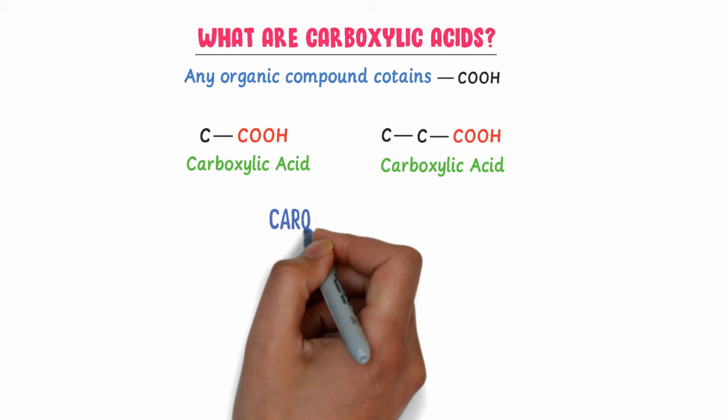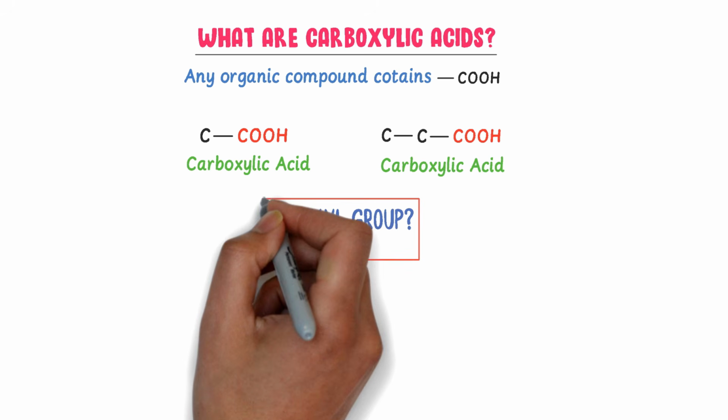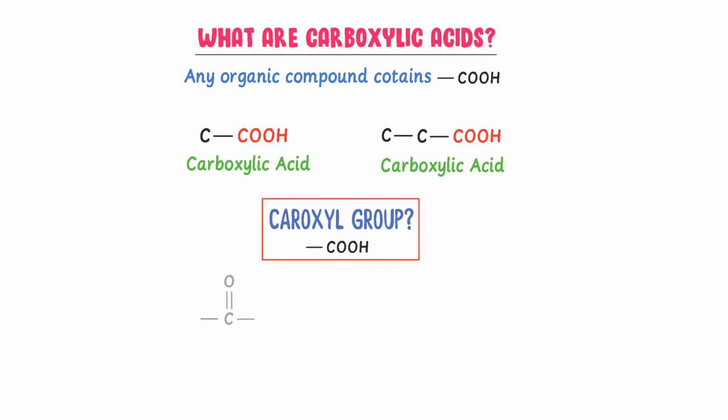Now let me teach you why COOH is called the carboxyl group. This C double bond O group is called the carbonyl group, while this OH group is called the hydroxyl group. Here, the carbonyl group and hydroxyl group combine together to form the C double bond O single bond OH group.